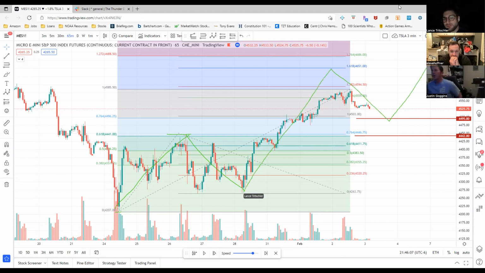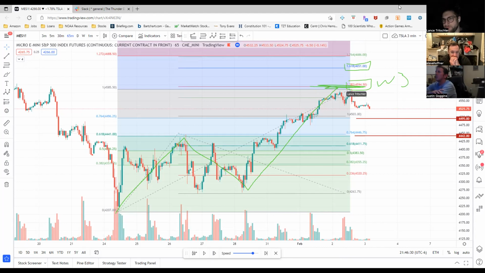So if it has extended to the 382 and stops, and I'm saying this is my wave 3, now for my wave 5, the wave 3 is supposed to end here. It ended here. So my wave 5 is supposed to end at the 2, but I'm one level short on the wave 3. So now I'm going to be one level short on the wave 5. So my wave 5 will end here.